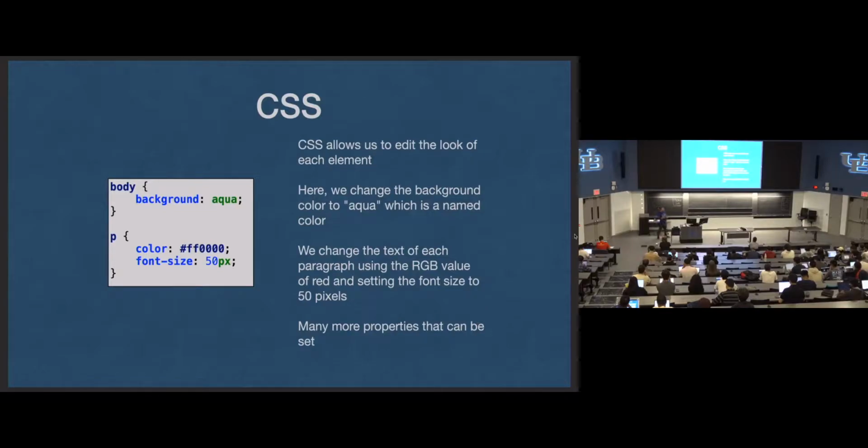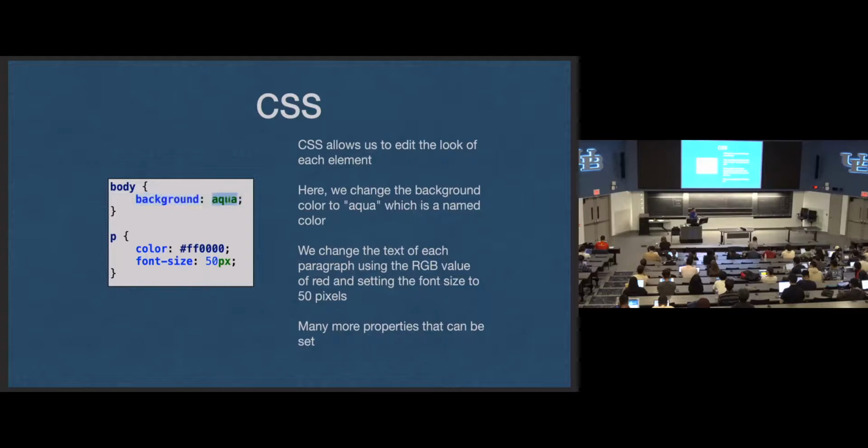Here's the syntax of it. In our CSS file, we're going to specify an element, braces, and then any attributes we want for elements of that type. So here, I'm going to say the body, the background should be aqua. And we can use our hex values, our RGB values for colors, or there are some named colors.